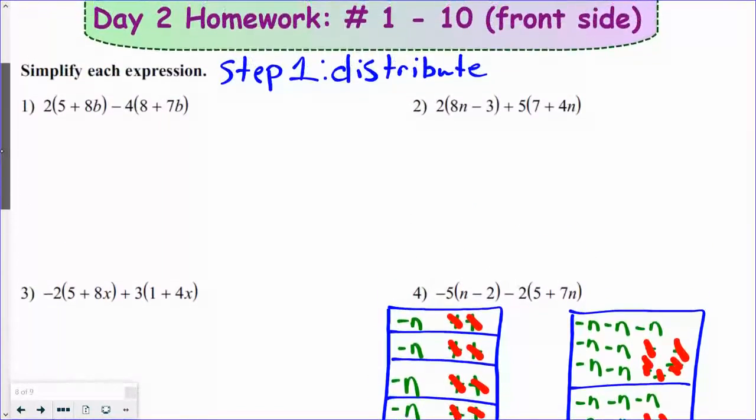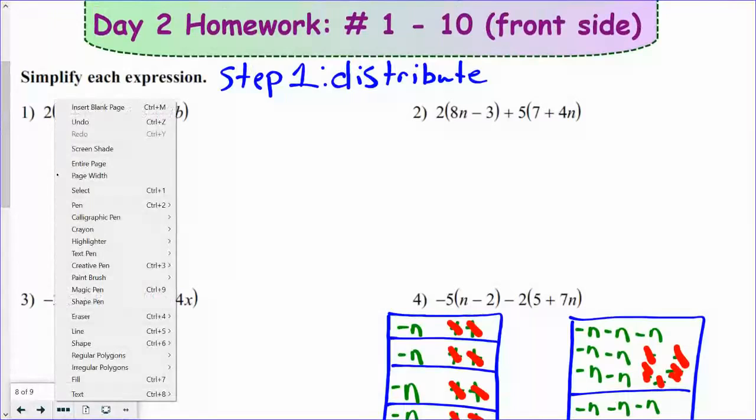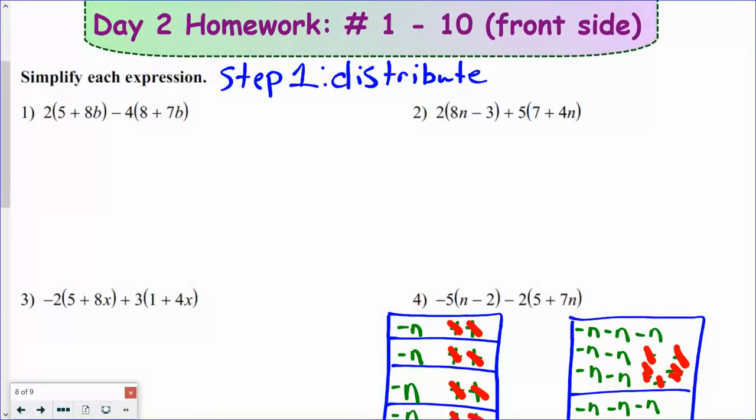So let's go ahead and do 1 and 2 together. Okay? So I already wrote, our first step is to distribute. Remember, when we distribute, we are multiplying the first number outside of the parentheses to everything inside that set of the parentheses.